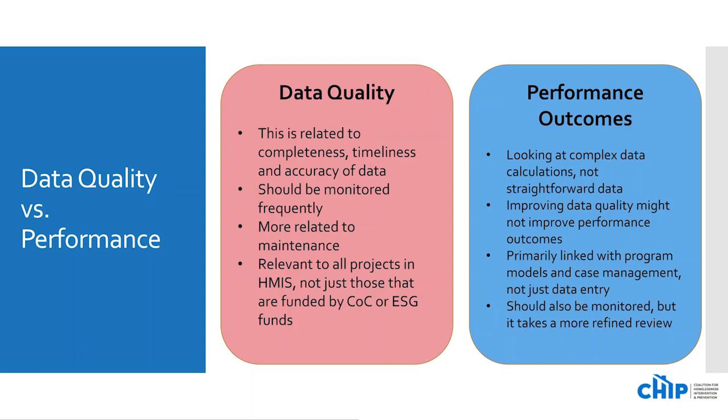So when you look at performance outcomes, you're talking about housing stability that takes into consideration exits or concurrent enrollments, or something like returns to homelessness, which looks at 2 years previous, and then looks at where the client has been enrolled since those 2 years. So those are really complex. Those are very refined calculations that are not as straightforward.